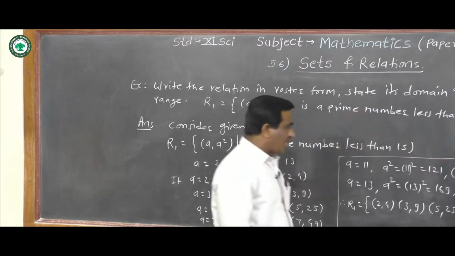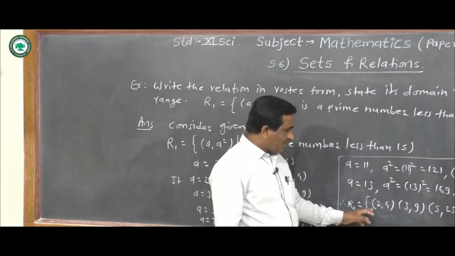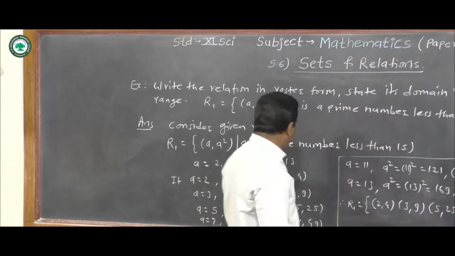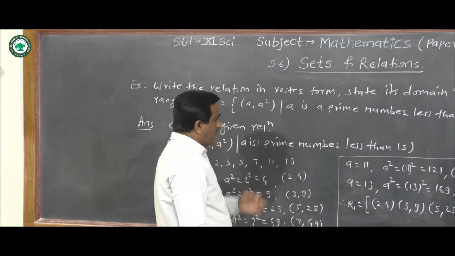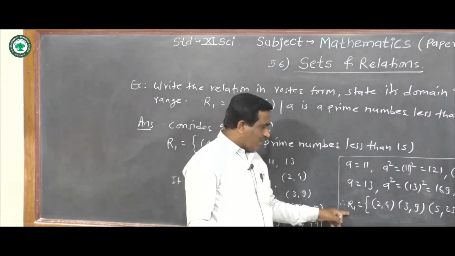This is the relation R1 in roster form. Here the elements are ordered pairs: first, second, third, fourth, fifth and sixth. Now we have to write the domain of this relation R1.